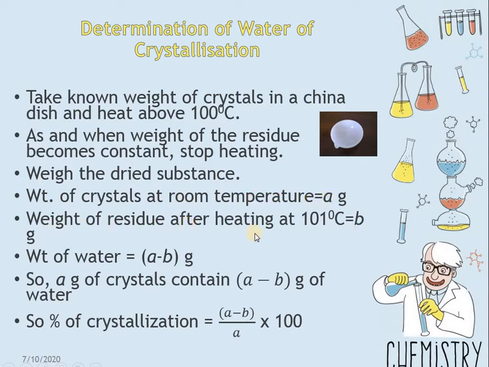Weight of residue after heating at 101 degrees Celsius is B gram. So water is A minus B gram. So A gram crystal contains A minus B gram of water. So percentage of water of crystallization is (A minus B) by A into 100.